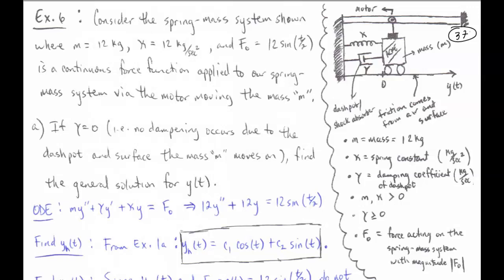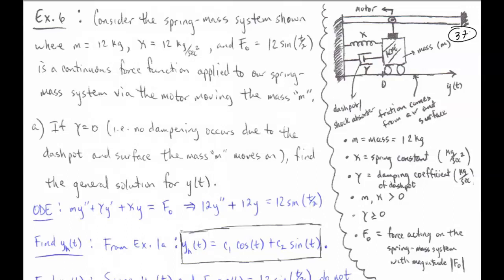This video is the final video in the series on studying spring mass systems by modeling them using second order linear differential equations where all of the coefficients are constants.